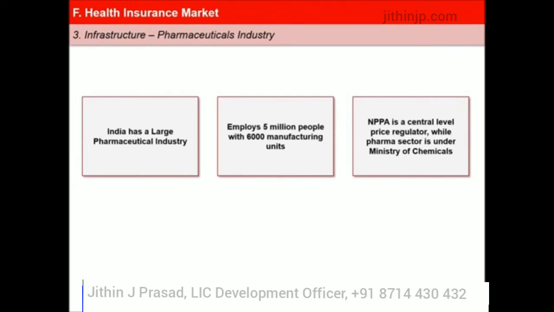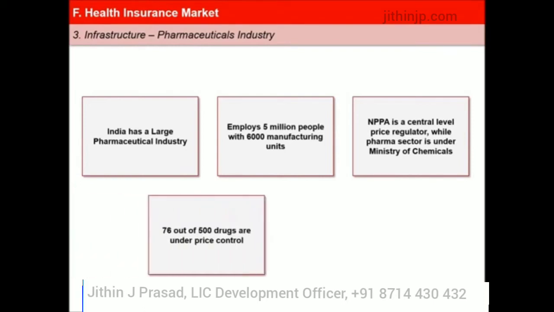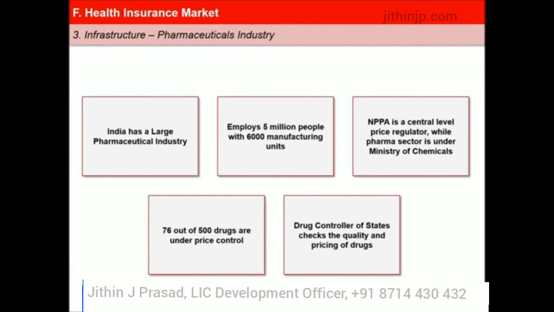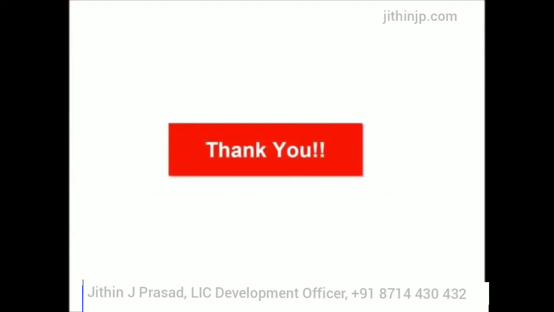Only a small number of drugs, say 76 out of the 500, are under price control, while the remaining drugs are under the free pricing regime, carefully watched by the price regulator. The drug controllers of the states manage the field force which oversees quality and pricing of drugs and formulations in their respective areas.